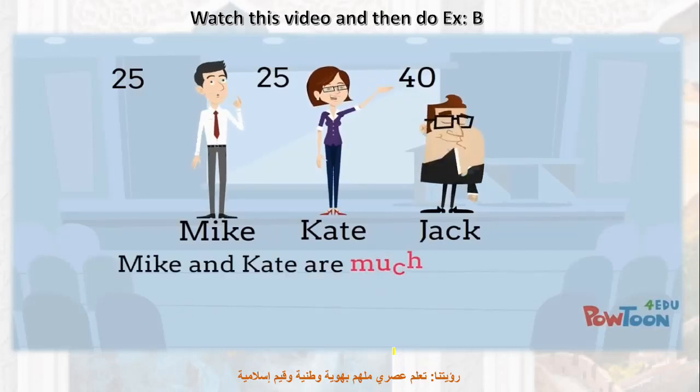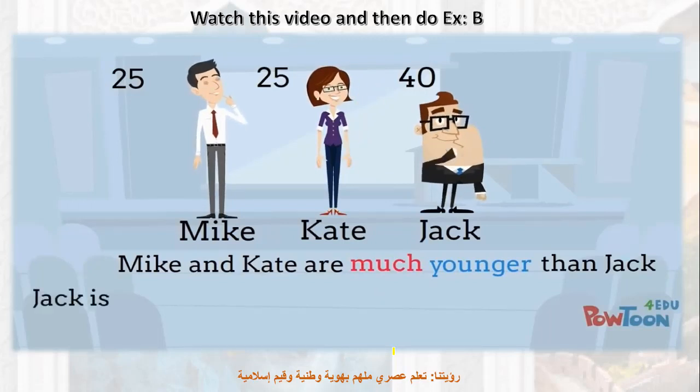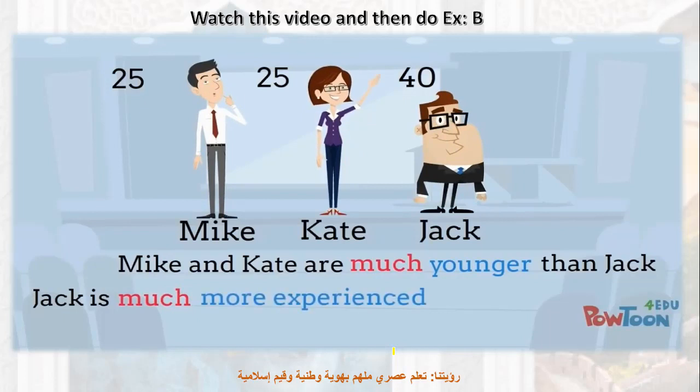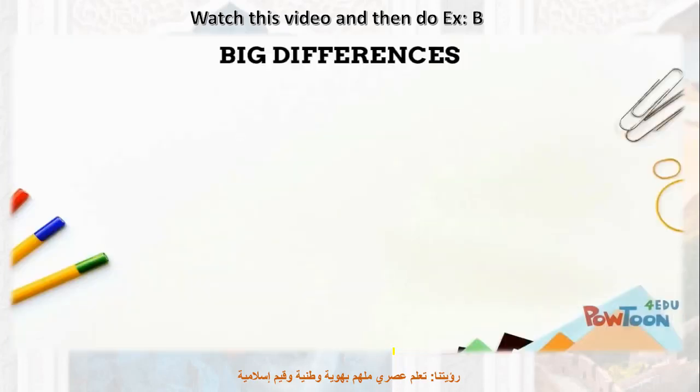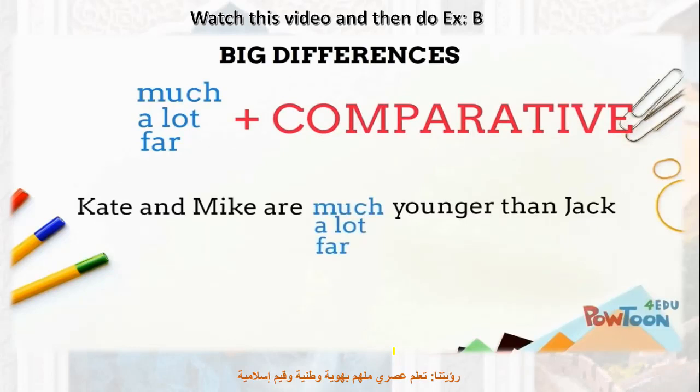Mike and Kate are much younger than Jack. However, Jack is much more experienced than Mike and Kate. When we talk about big differences, we use the words much, a lot, far before the comparative. For example, Kate and Mike are much younger than Jack.